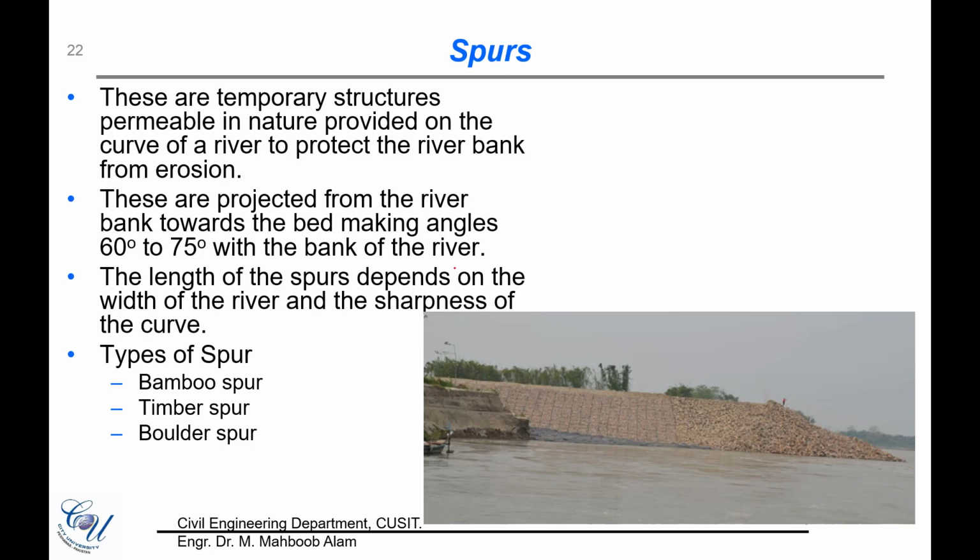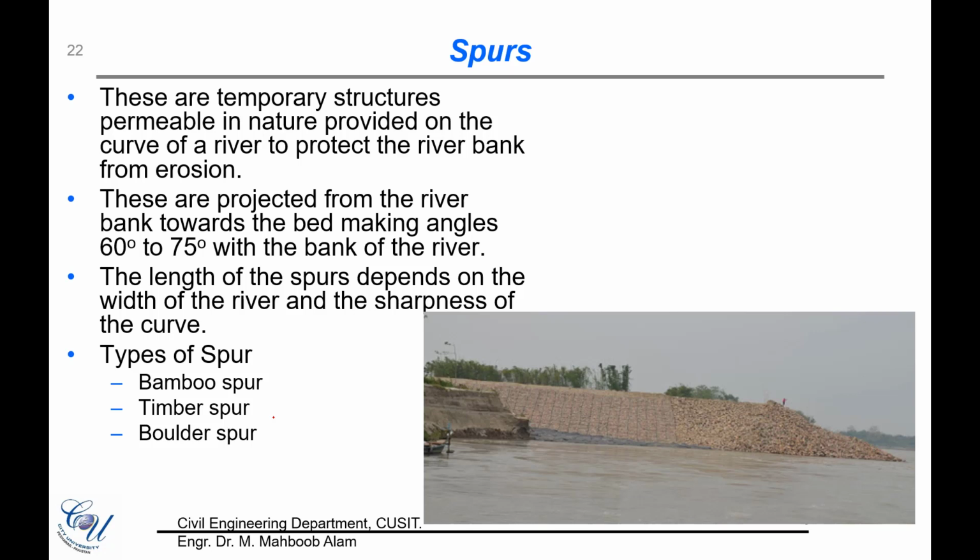The length of these spurs basically depends upon the total width of the river, and in case there is a curve, and usually there is a curve, spurs are installed in those areas. If there is a curve in the river flow, we install these spurs so that the water can be directed towards the main river course.